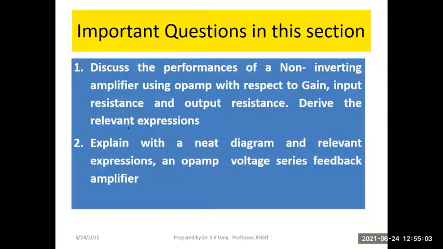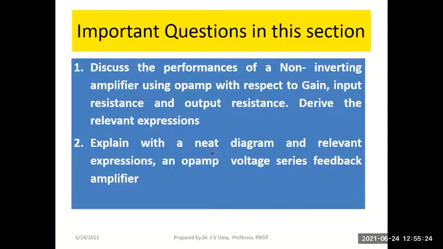Usually you can expect a 7 or 8 marks question. You have to find gain, input resistance and output resistance of an op-amp non-inverting amplifier, which we are going to study next. The other question can be: explain with a neat diagram and relevant expressions an op-amp voltage series feedback amplifier.